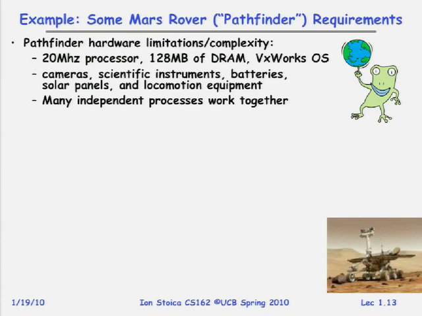You probably never used something with such a low frequency. 128 megabytes of RAM, and the operating system was VxWorks, a real-time operating system. It has to control a variety of input-output devices, cameras, scientific instruments, and so forth. You need to move the rover to points of interest from which you get data and make measurements, and there are many processes working together.